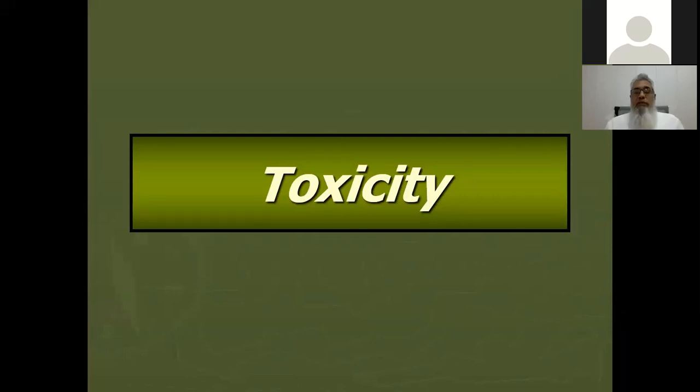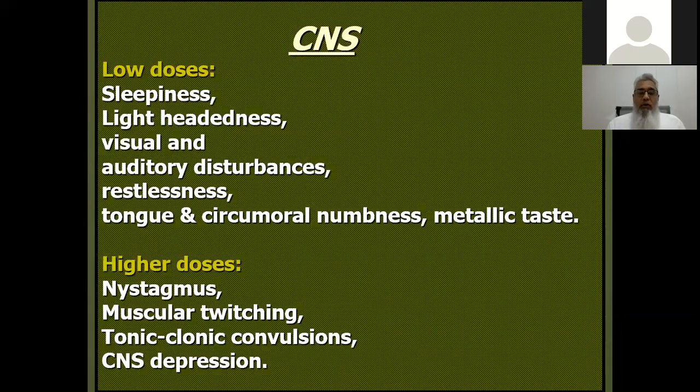Toxicity is very important, and MCQs could be asked about the toxicity of local anesthetics. Almost all local anesthetics can produce CNS toxicity, and there is a spectrum of symptoms which may develop with CNS toxicity. Toxicity usually develops if a large dose of local anesthetic is used.